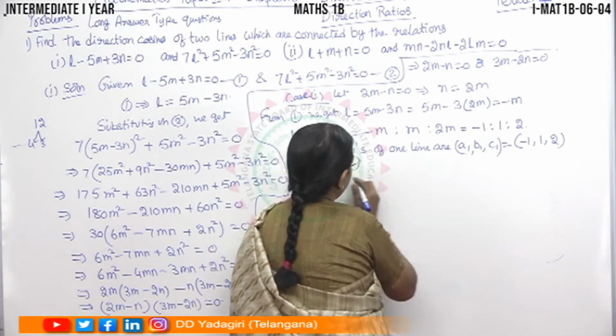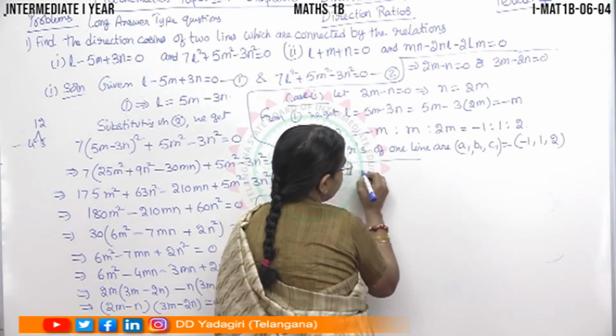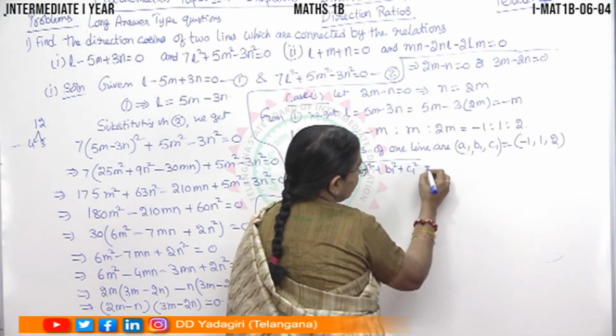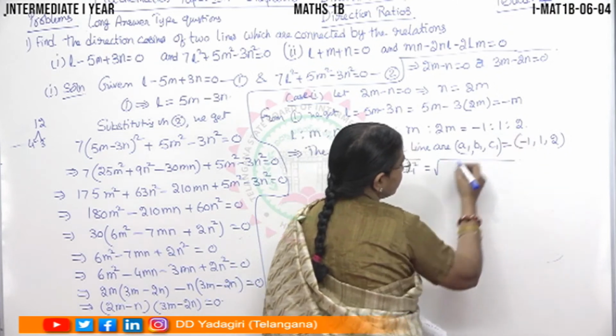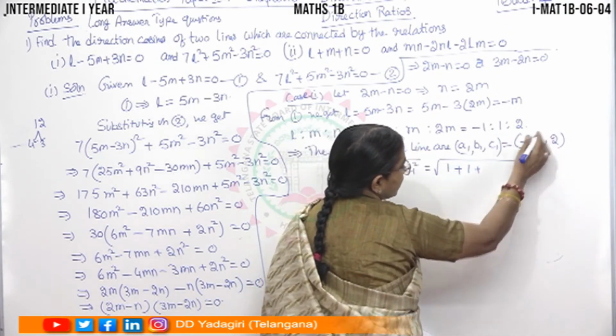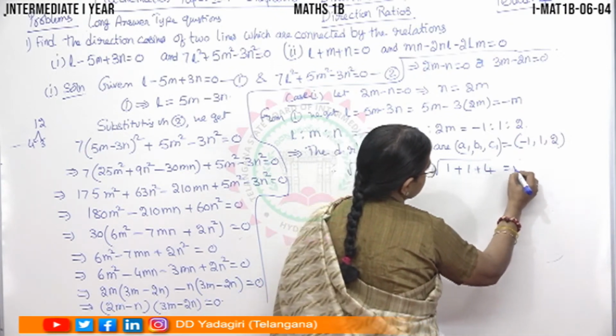So now you find the root of a1 square plus b1 square plus c1 square. So what is it? Root of minus 1 whole square, that is 1. 1 square is 1. 2 square is 4. So when you simplify, it is root 6.